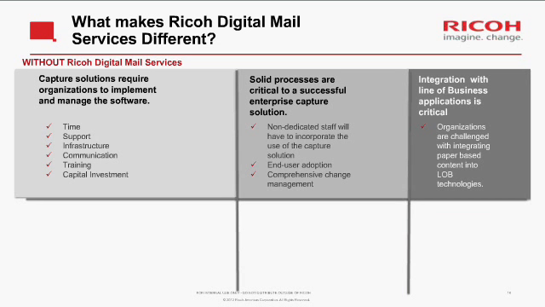And then the integration with line of business applications. We talked about it before, being able to get visibility to critical information in line of business applications, enterprise content management systems, very important to a lot of organizations. And sometimes they're challenged with integrating the paper that sits outside of those systems, and getting it into these systems and making it visible for their employees and their users.